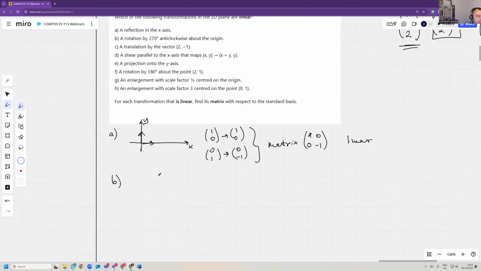B, a rotation of 270 degrees about the origin. So you have this vector and this vector.